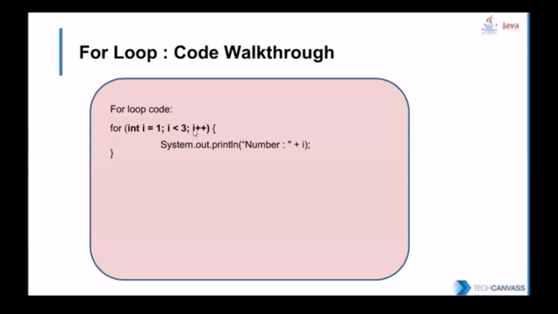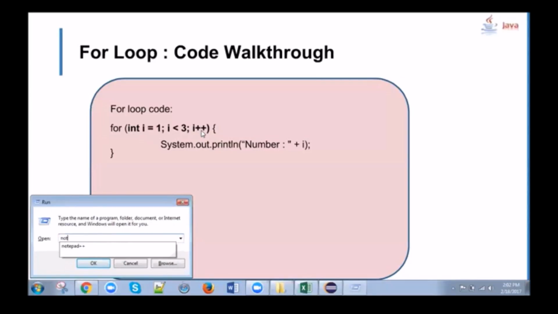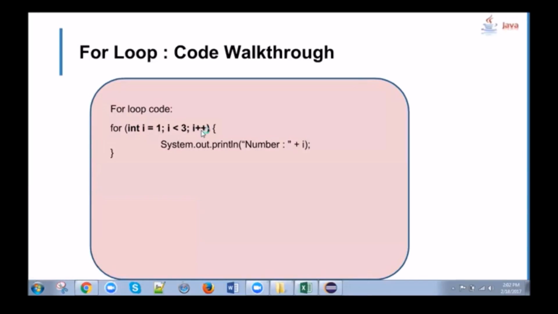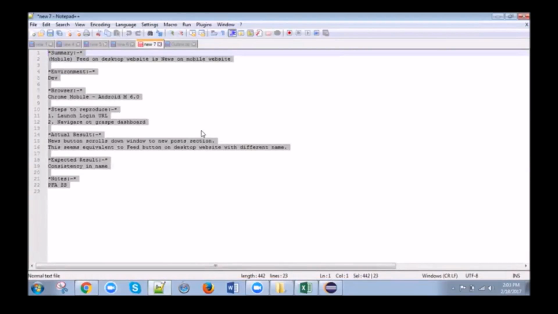Then the third thing is the process we undertake on the loop variable. i plus plus, going back to the operators class, is incrementing the value of i by 1. These are the three things in the for loop, and they are in the parenthesis.